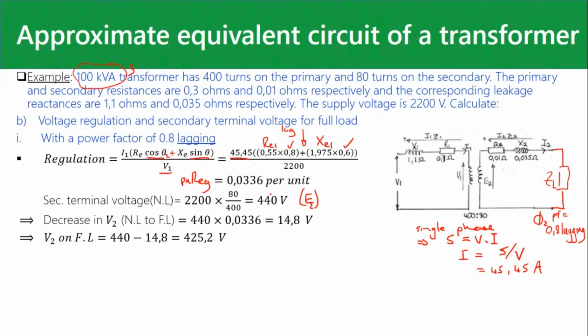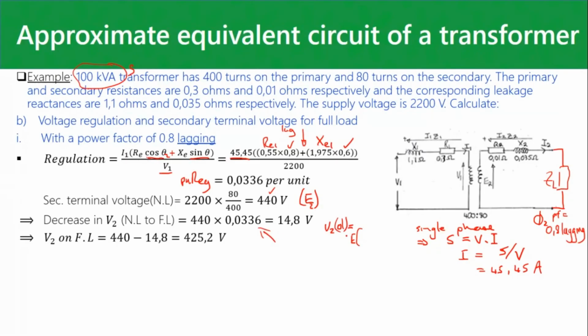So that would be the value of E. But I want to get V on load, so V2 on load. This is an easy way of doing it. You can do it like this and you get the same answer.